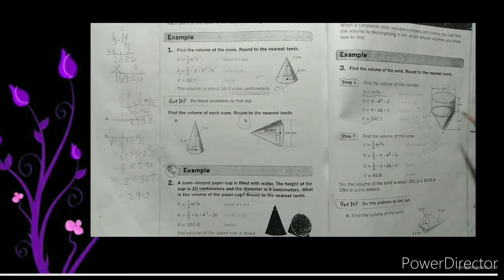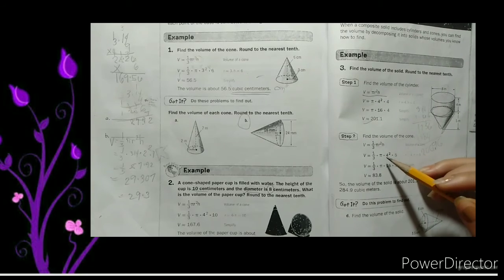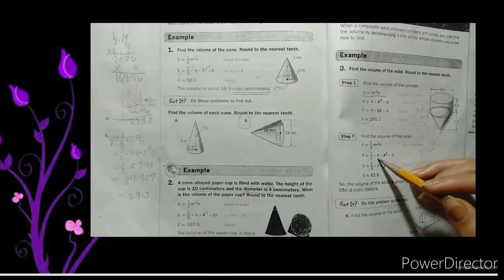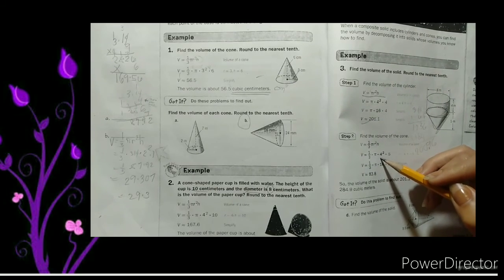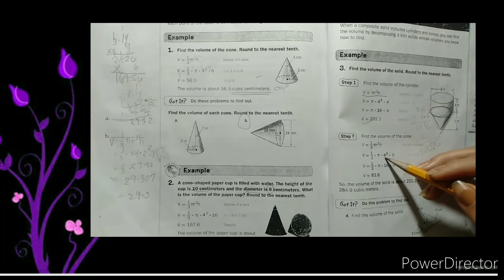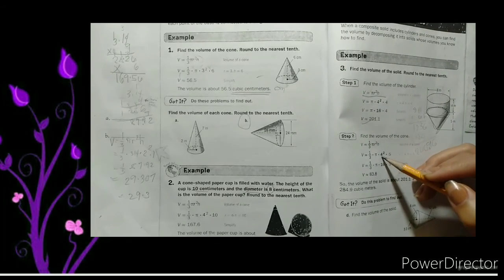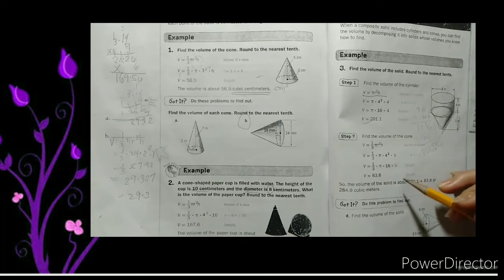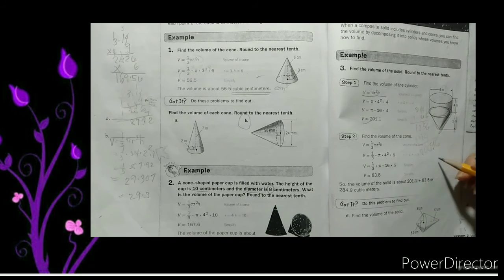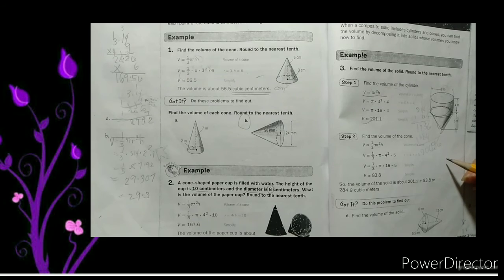So you have here the value of pi, which is 3.14, then the radius is 4. 4 times 4 is 16, then times the height here, which is 5. So 16 times 5 is 80.